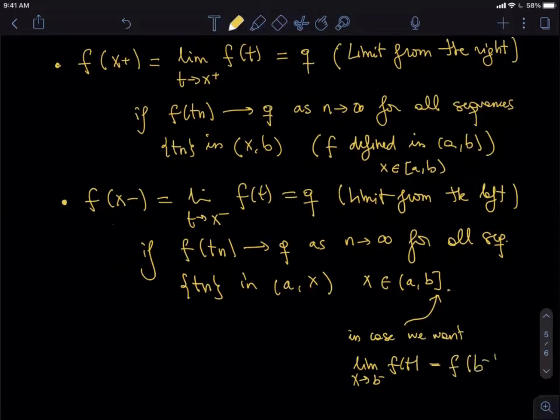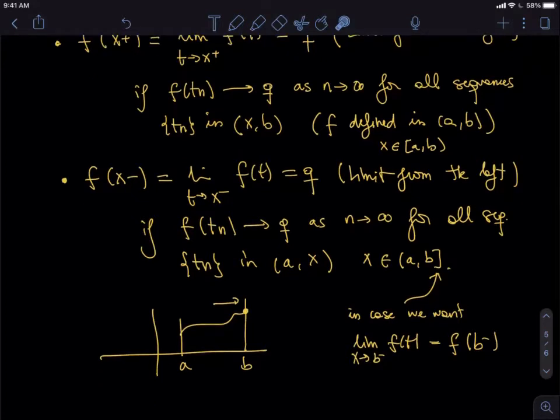With a picture, if we have our function defined from a to b, it would be the limit as x tends to the right endpoint of the interval.